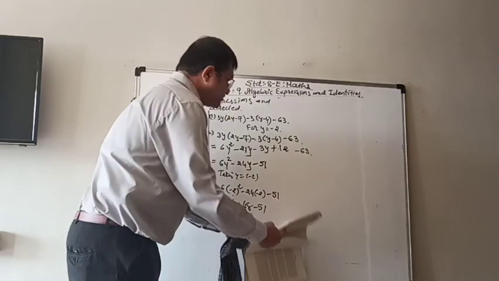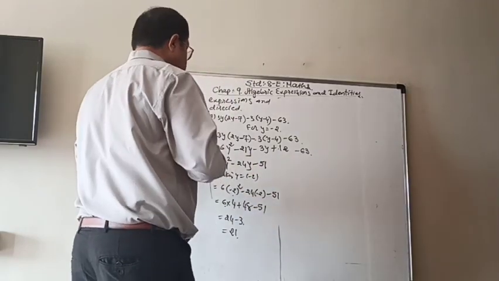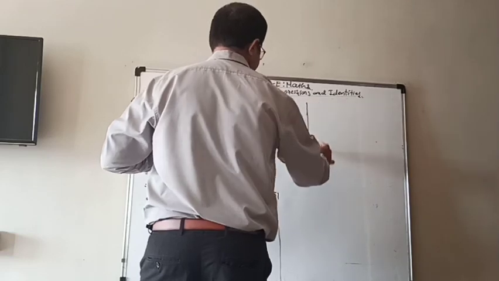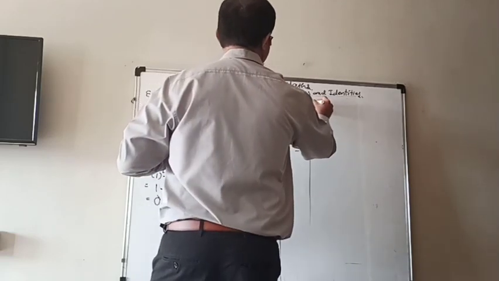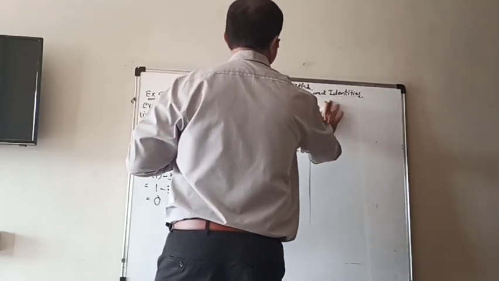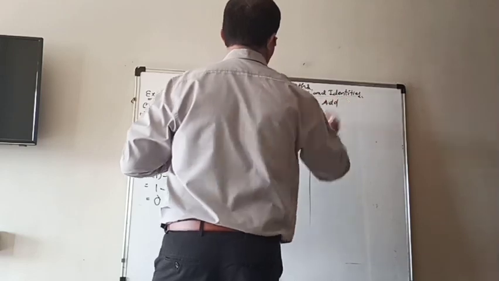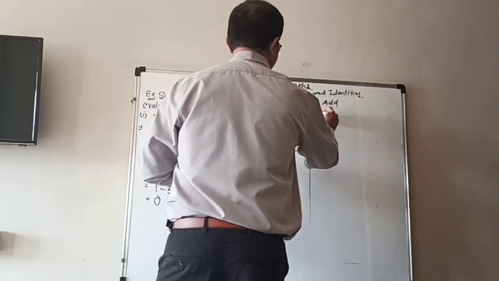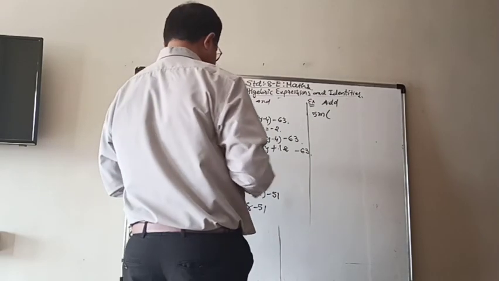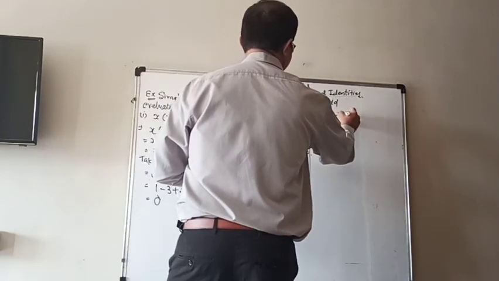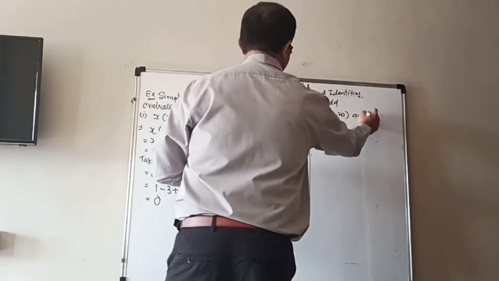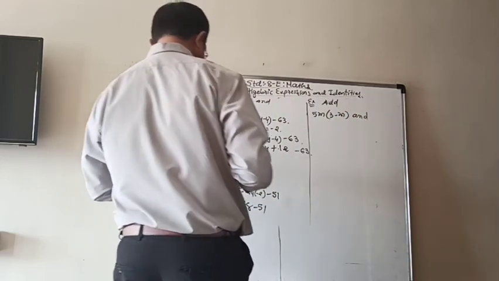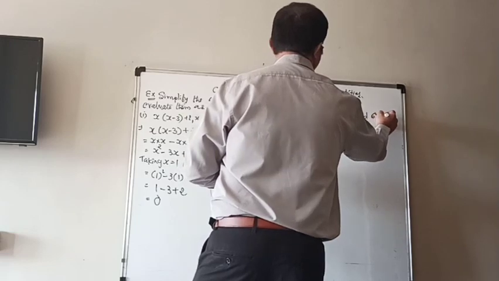Now there is another sum also, in which we have to add them. What we have to add is 5m(3 - m) and 6m square minus 13m.